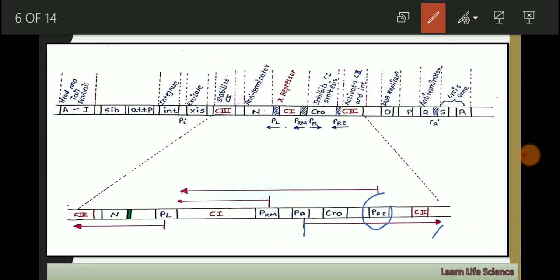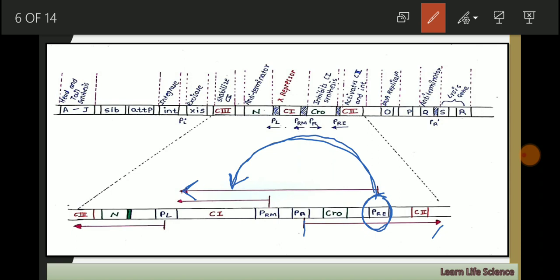PRE promoter is present between CRO and C2, that is going to transcribe in left hand side for the transcription of C1. Okay, so the thing you have to remember here is that for C1 expression PRE is going to transcribe.